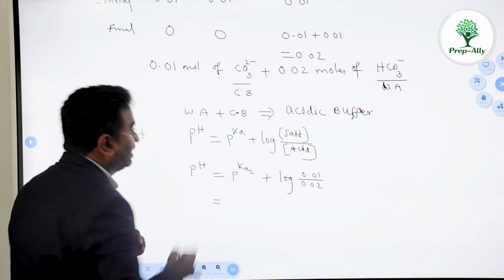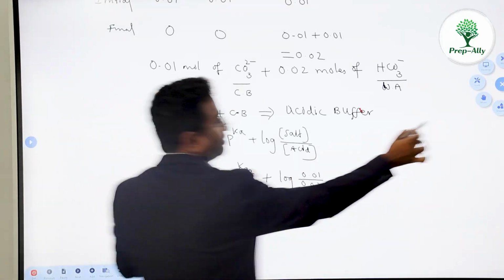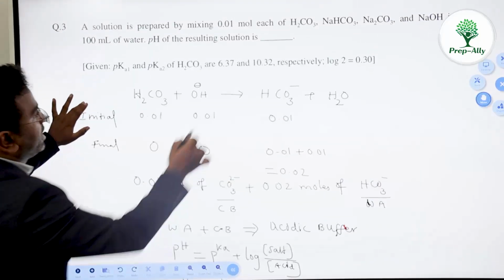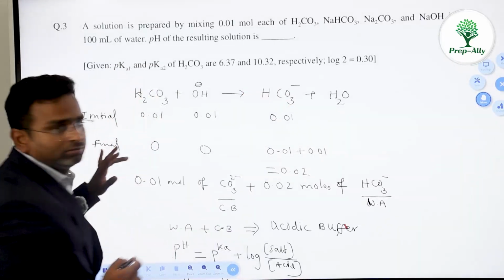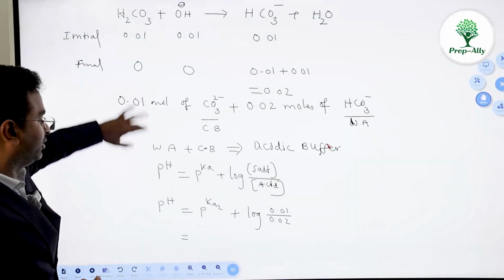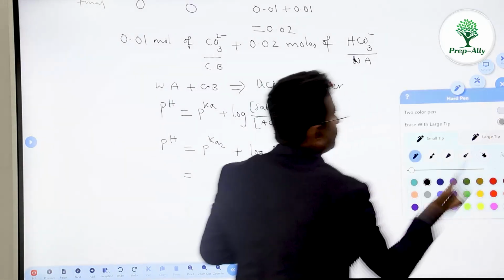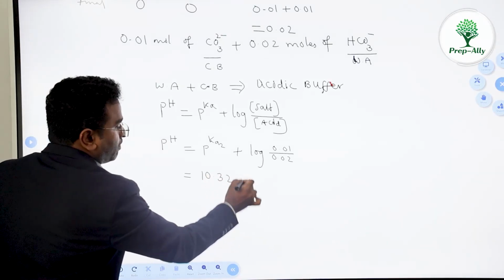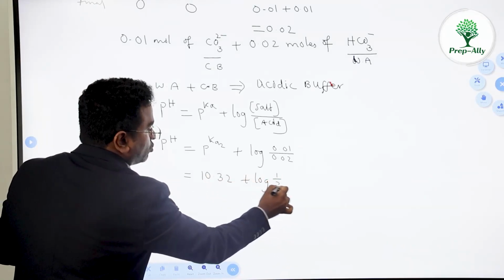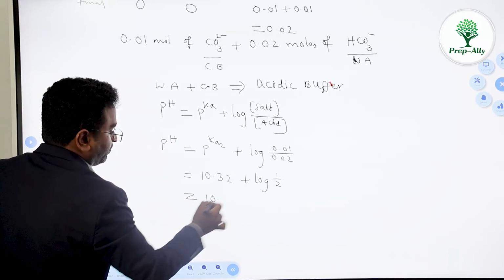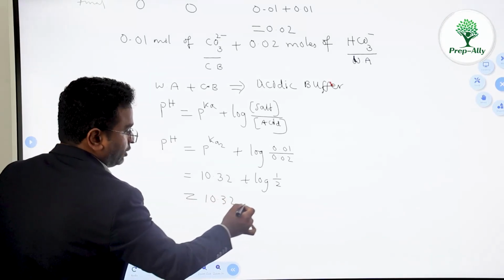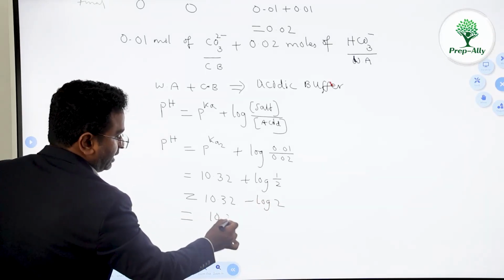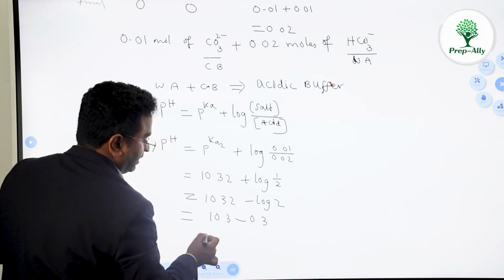Now pKa2 has already been given in the question. What value have they given? pKa2 is 10.32. Just substitute here and you will get the answer. pH = 10.32 + log of 1/2, that is 10.32 minus log 2, which is 10.32 minus 0.3.